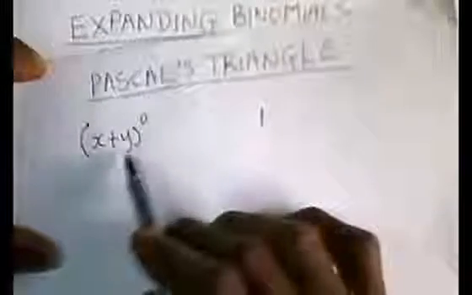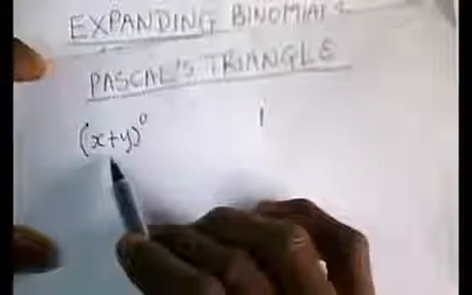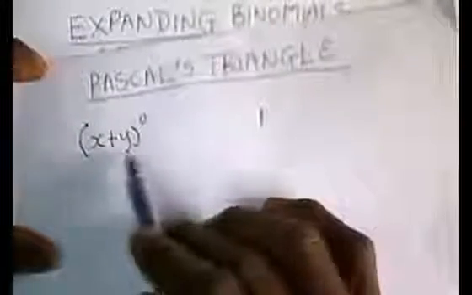So 1 is going to be the coefficient of the expanded form of these binomials. It is binomials because we have two terms. The 'bi' means two, so we call it binomials.